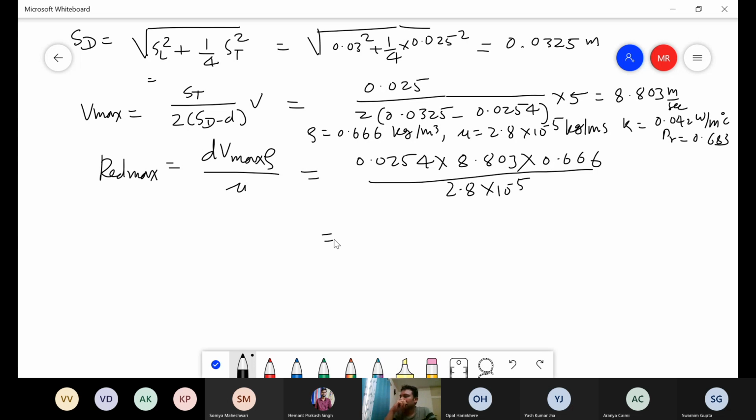Anybody got the value of Reynolds number? It seems to me like all others are not at all solving the problem. Sir, 5.318 into 10 to power 3. Good.